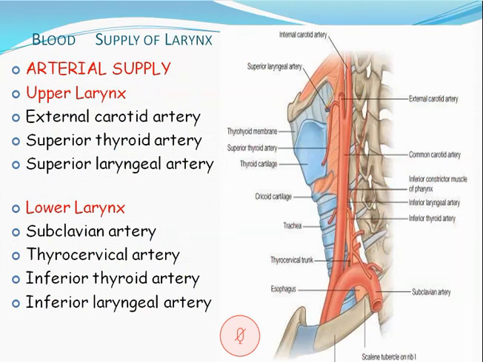The blood supply of the larynx, primarily the arterial supply. The upper part of the larynx is supplied by the external carotid artery, the superior thyroid artery, and the superior laryngeal artery.